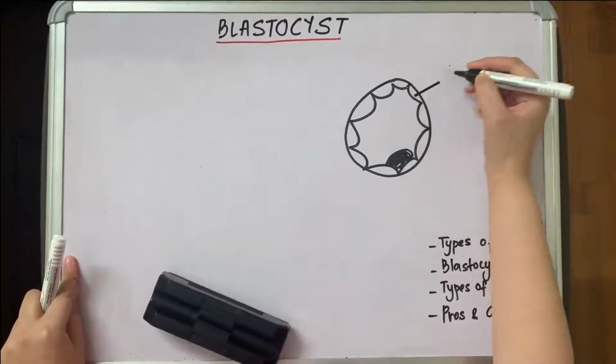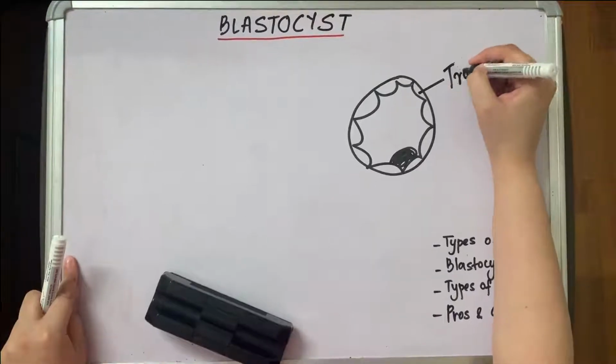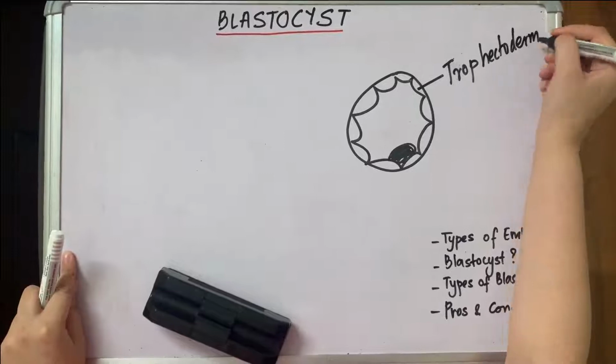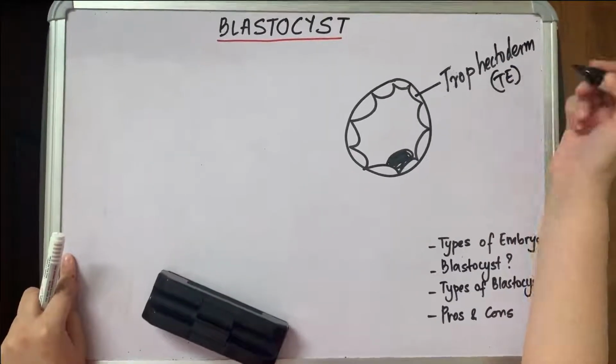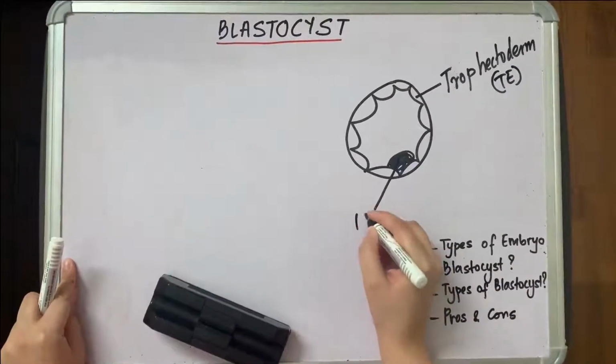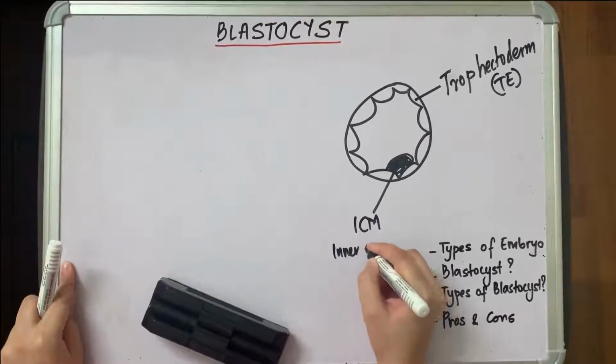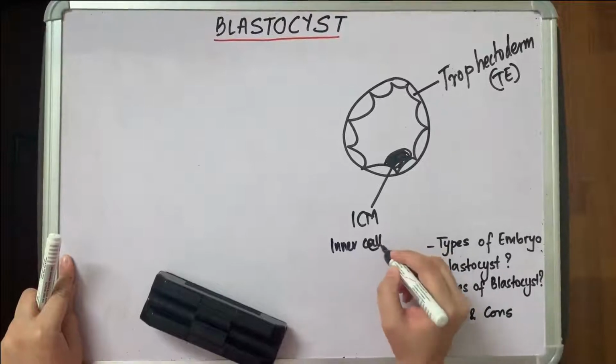So this is one cell line which is known as trophectoderm, or the TE, and this is the ICM, which is the inner cell mass.